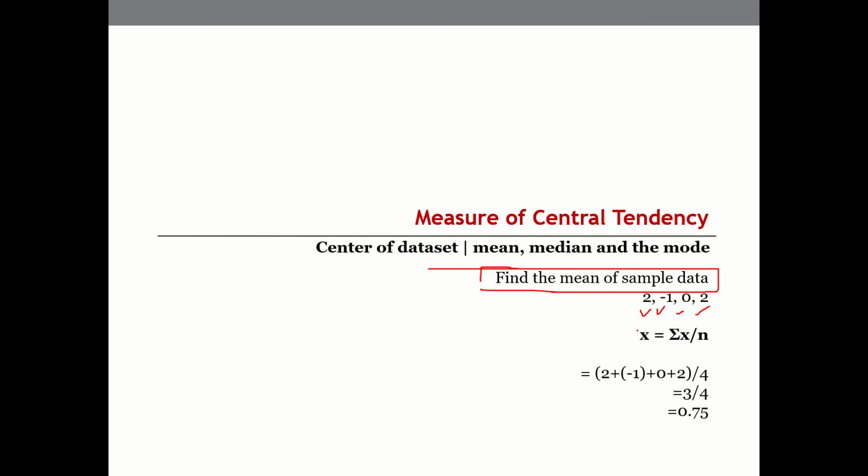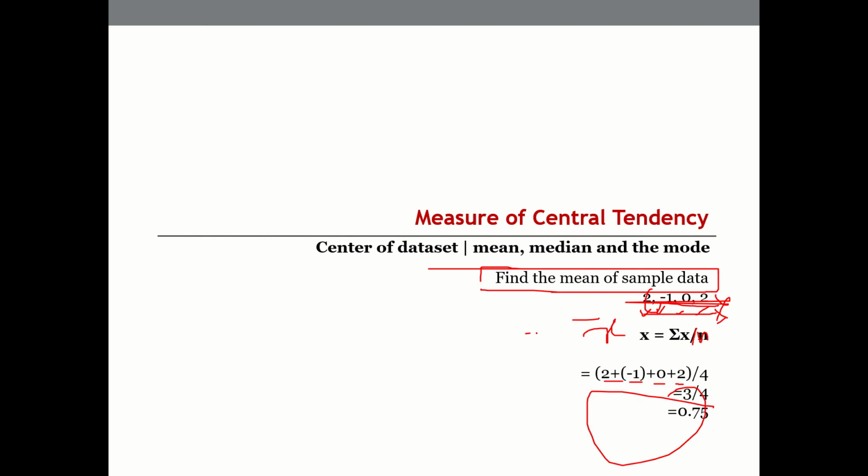Mean x is equal to summation of x divided by n. Summation of x is 2 plus minus 1 plus 0 plus 2, divided by n, which is 4.